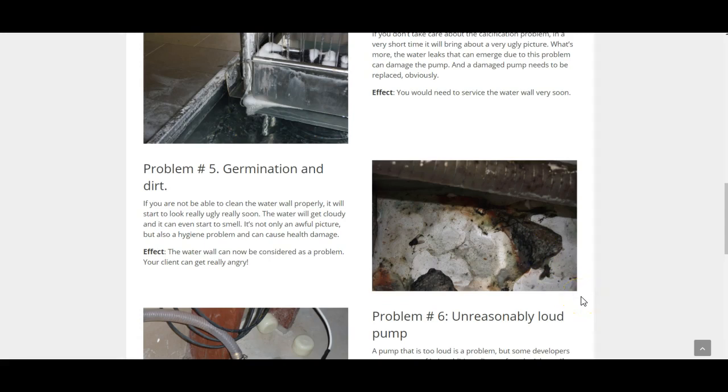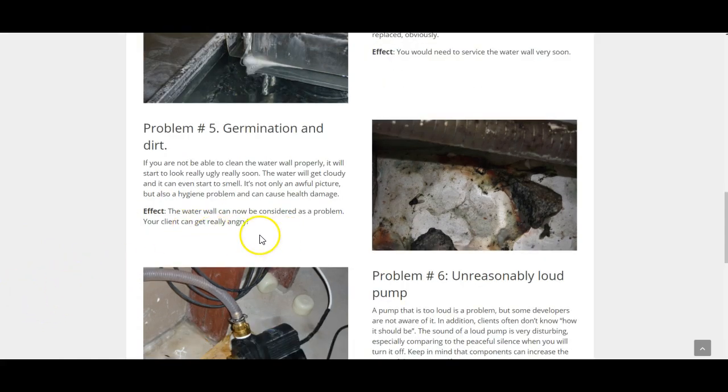And it's also a kind of health issue, because germs can multiply themselves, and it's really not hygienic. So you should also take care of this, and many people don't know that the water wall or water feature is really cleaning the air. Everything which is in the air will go into the water wall, and then you need to be prepared by setting up filters which will remove those particles from the water.